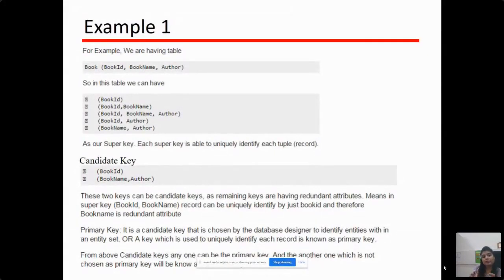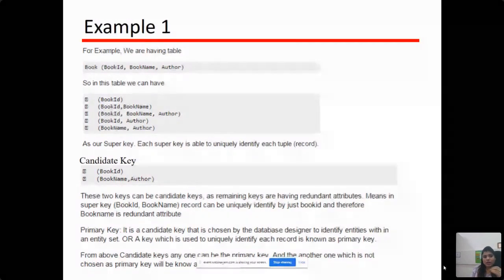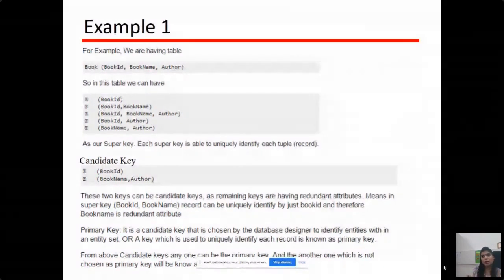So we need the combination of author with the book name. We also cannot identify with the author name alone, because one author may have written multiple books. You need a combination of book name and author.